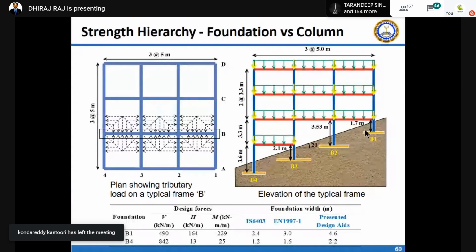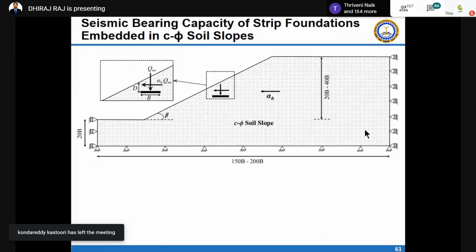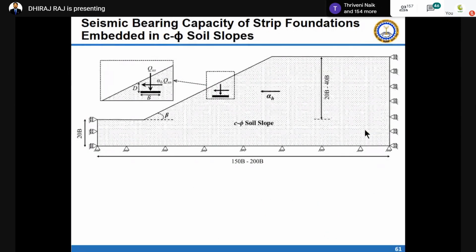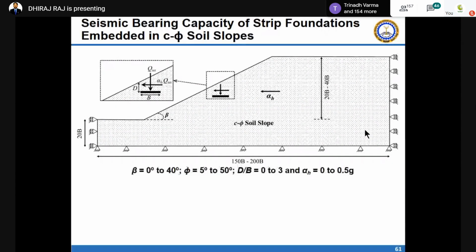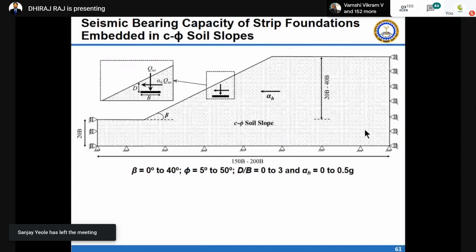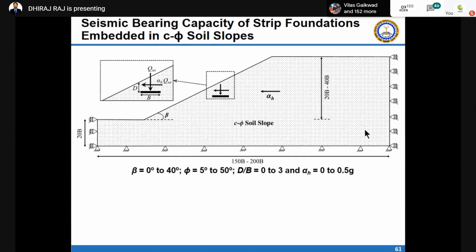So one of my methods is there, where I performed a parametric study for the practical parameters of slopes, where the slope varies from flat to 40 degree, and for c-phi soil, phi varies from 5 to 50 degree, and the embedment depth D by B varies from 0 to 3, and the horizontal seismic coefficient varies from 0 to 0.5.